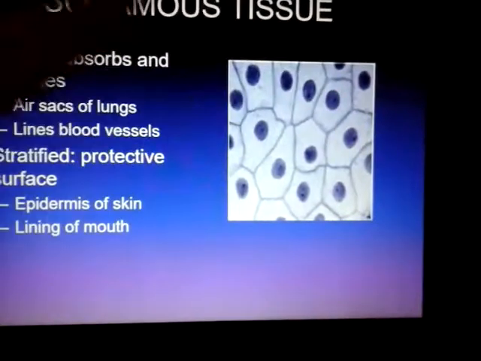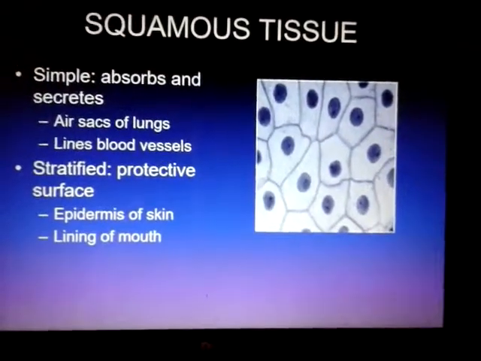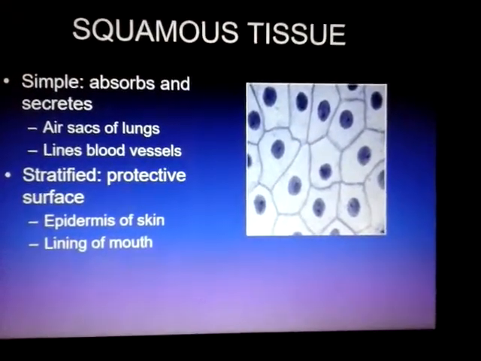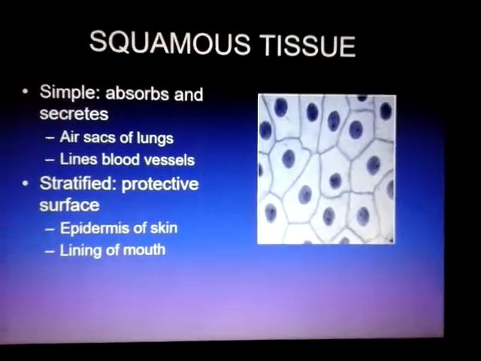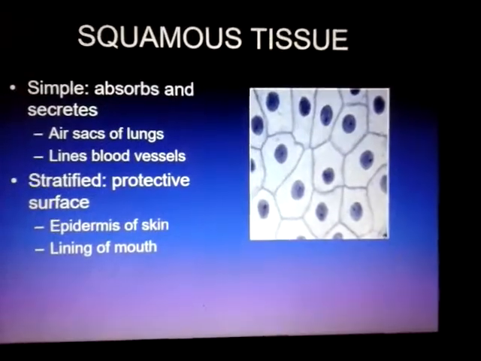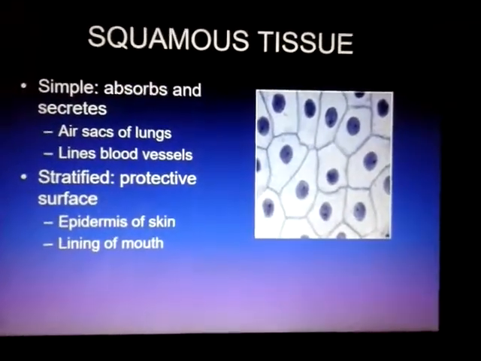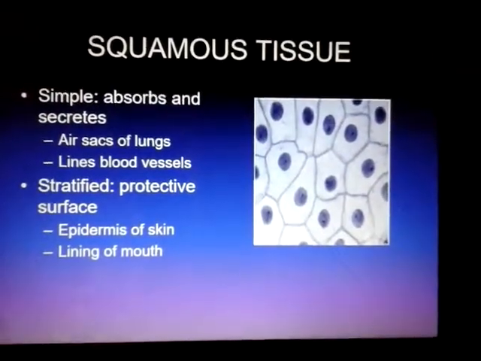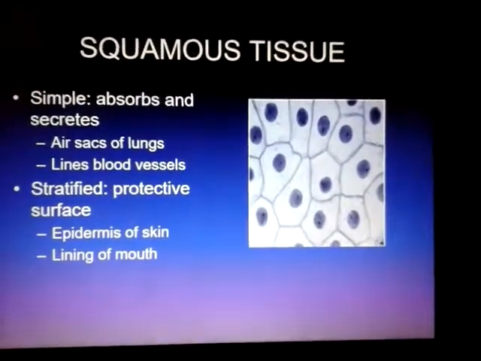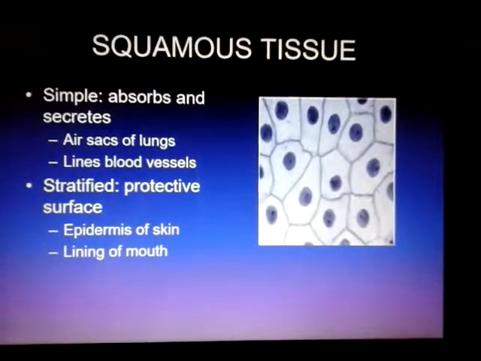Well, this is actually a picture of lung tissue. You would be able to see through it just like a soap bubble. And so this makes up the air sacs of your lungs, which we call alveoli. This is also what lines your blood vessels. It lines the inside of your heart. It lines lots of different things, but I don't want to get ahead of myself.